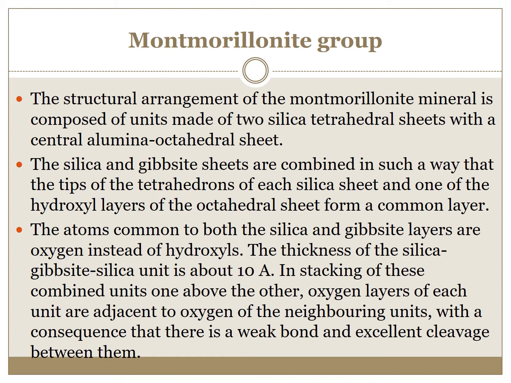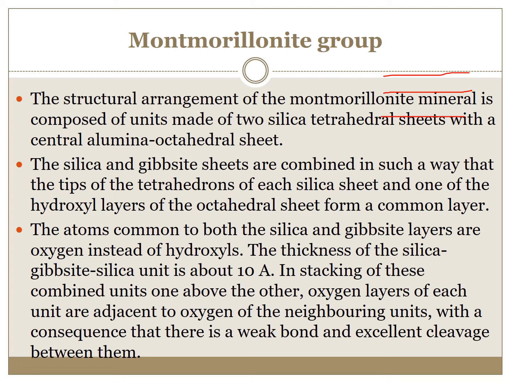Next, montmorillonite group. So the structural arrangement for this group consists of an alumina sheet sandwiched between two silica sheets. Okay, so between two silica sheets there is one alumina sheet forming a structural unit, and successive structural units are stacked one over another and joined together by a link between oxygen atoms of two silica sheets.